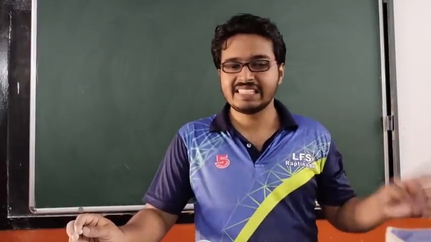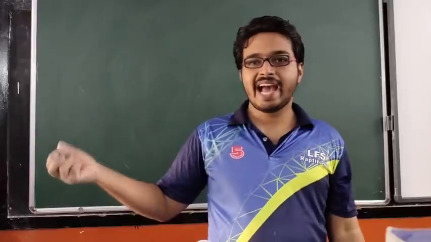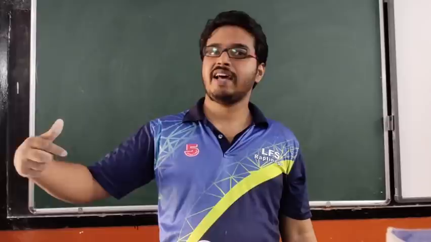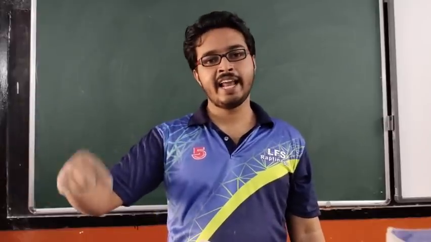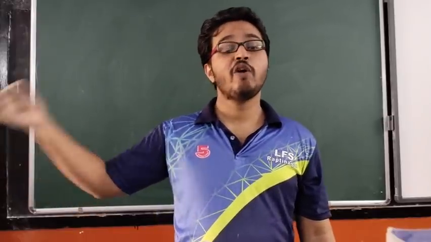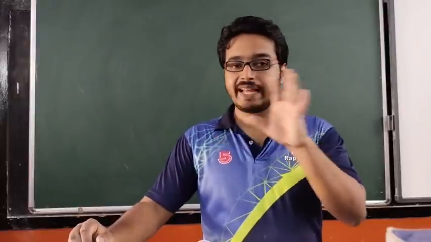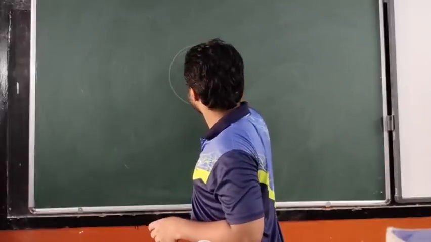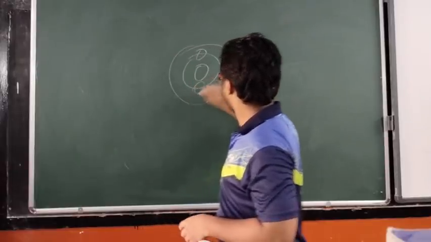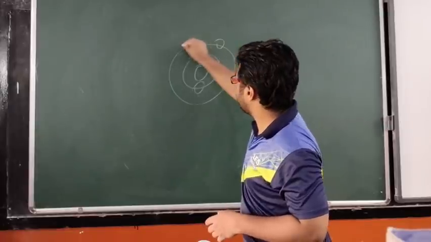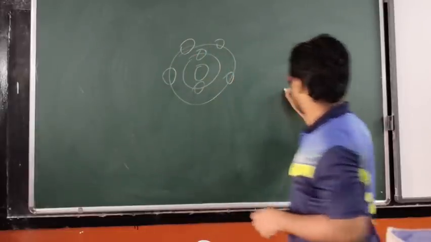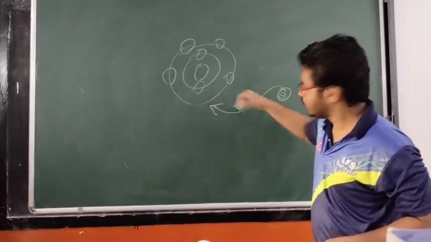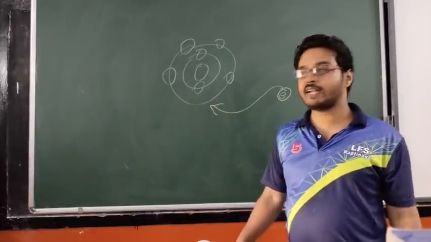It is the energy released when an atom in the gaseous state absorbs or gains an electron to the valence shell. So we have an atom with many electrons in the other shells. What we are going to do is give an electron to the valence shell of the atom.